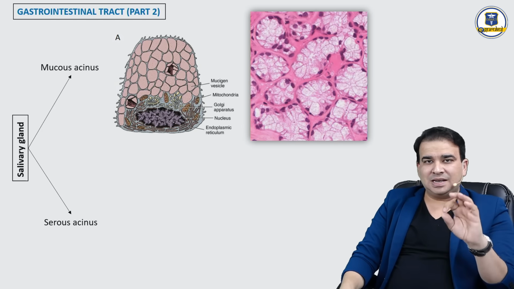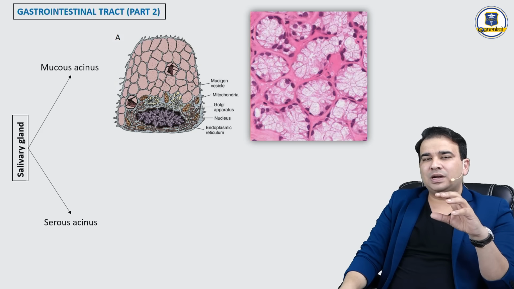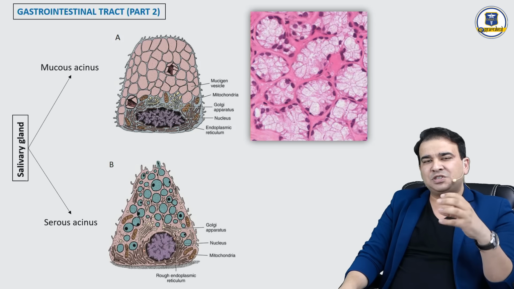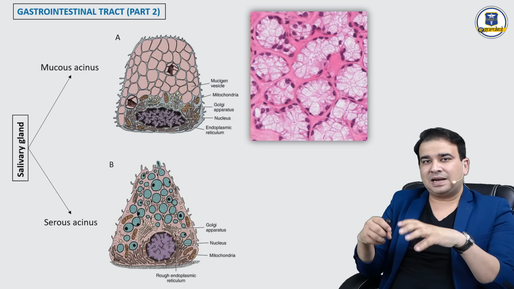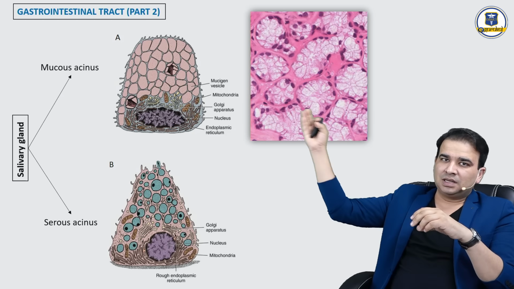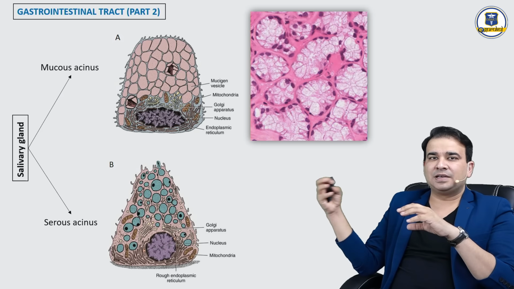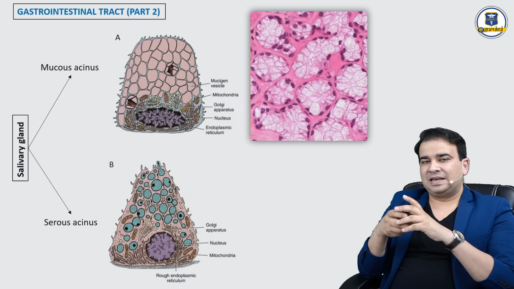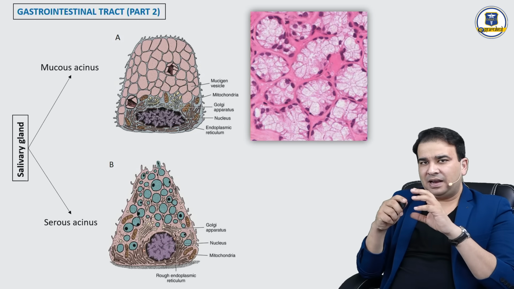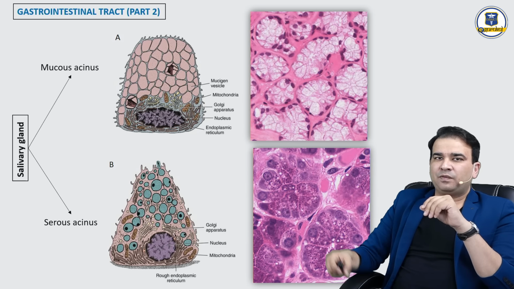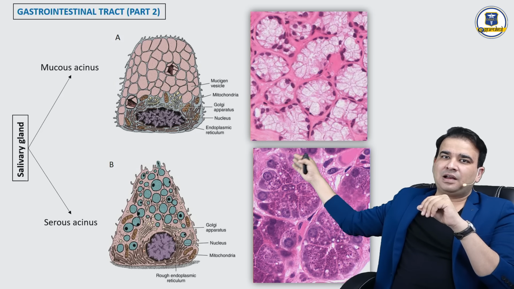Whereas in case of the serous acinus, the cells are more or less triangular or pyramidal in shape. They also have nuclei which are relatively basal in position, but that is a rounded nucleus. Unlike the mucous acinus, we have a rounded basal nucleus in the serous acinus, and they stain intensely in the H&E staining, so they look very darkly stained with all these granules present in the apical region of the cell.